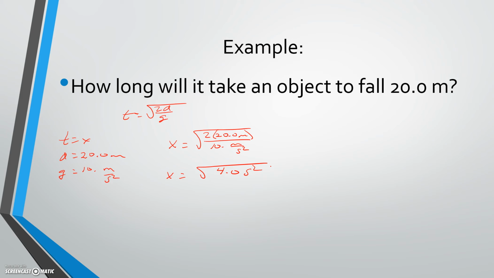So now we're going to take the square root of 4 and the square root of seconds squared, and that's going to give us a value of 2 seconds. That means it would take 2.0 seconds for an object to fall 20.0 meters.